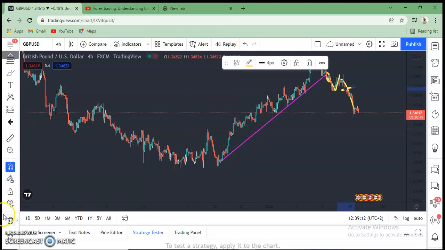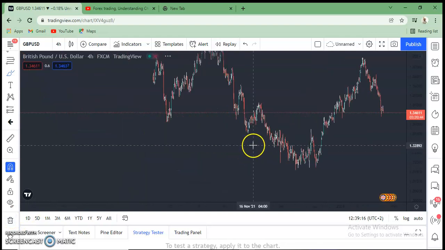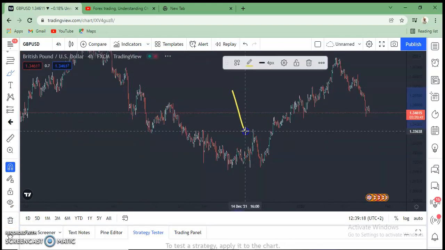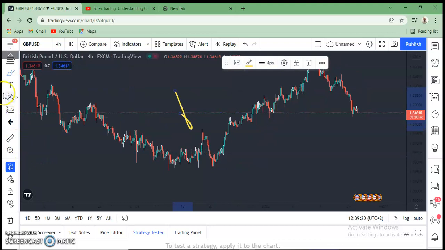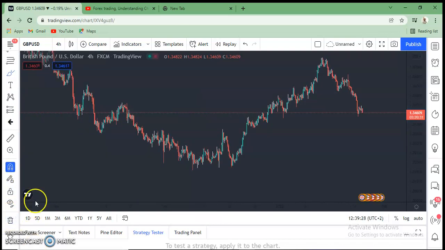Also, I've mentioned support and resistance. Now in the Forex market, we have support and resistance.